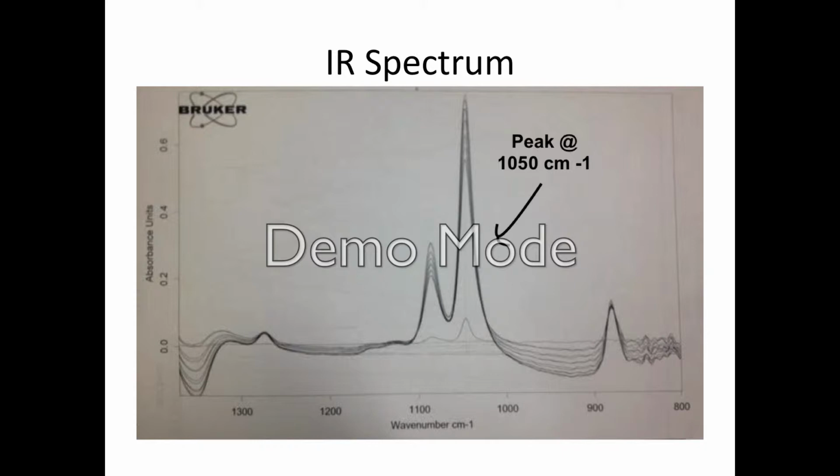So I don't have a pointer on this PowerPoint, but at the peak at 1050 wave numbers, the lowest peak is lower concentrations, and the higher peaks are higher concentrations of alcohol. And we'll see in the data in a minute that higher concentrations of ethanol correspond to higher peak intensities.